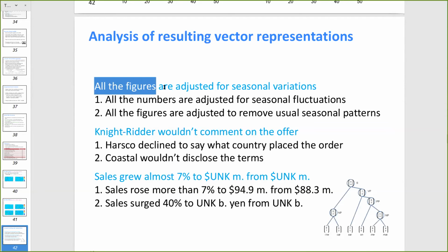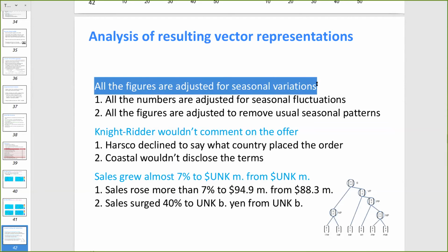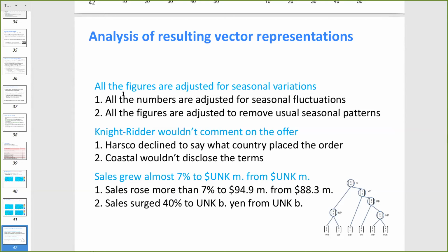So when the phrase or sentence representations generated from the tree neural networks are taken, these are the results. For the input sentence, all the figures are adjusted for seasonal variations, the two closest sentences found are these two: all the numbers are adjusted for seasonal fluctuations, and all the figures are adjusted to remove usual seasonal patterns.